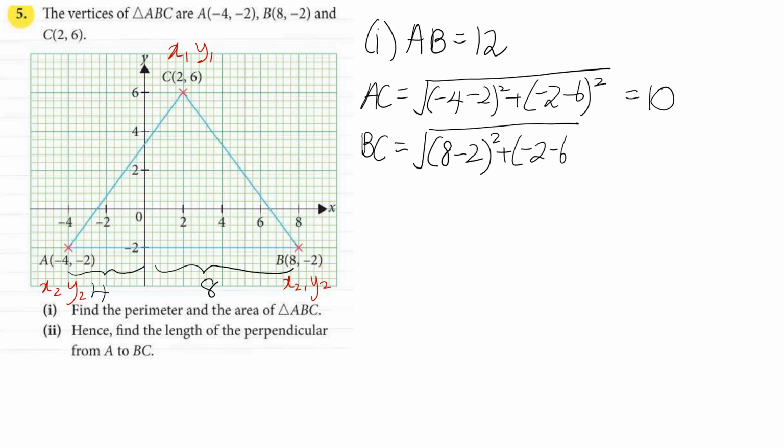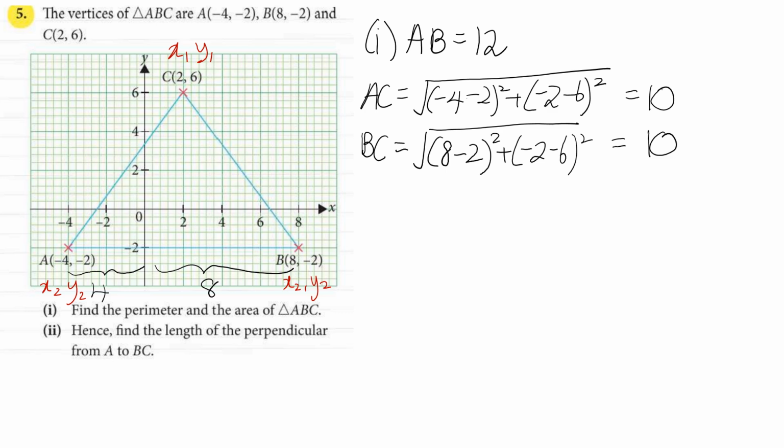Wait, hang on. AC, negative 2. Oh, same, okay. Sometimes if you find that something is fishy, it's good to go back and check your solution again. That gives you 10 also?